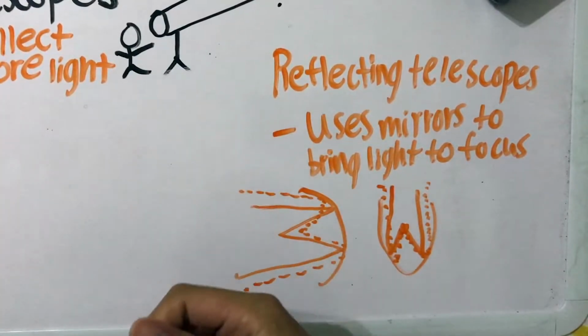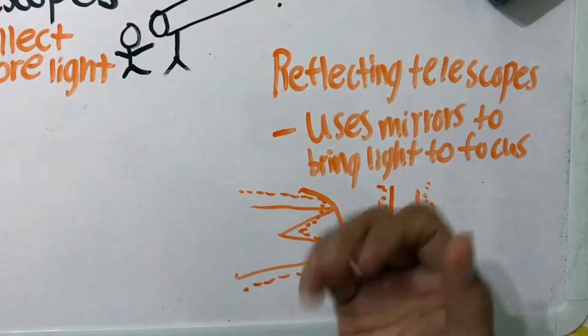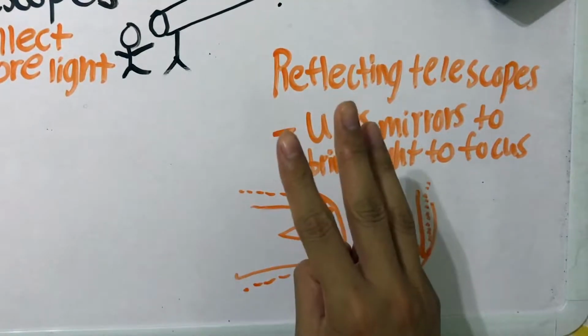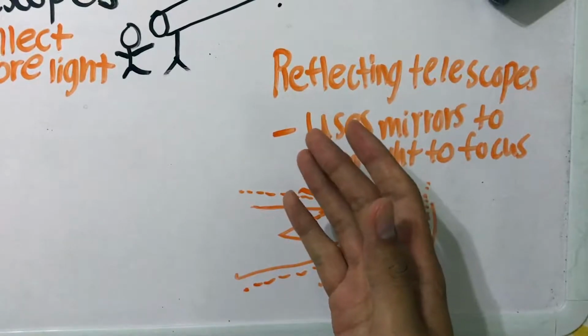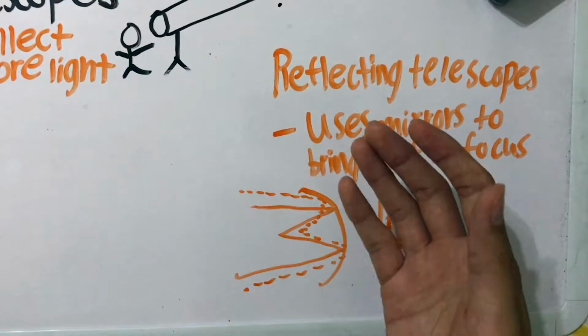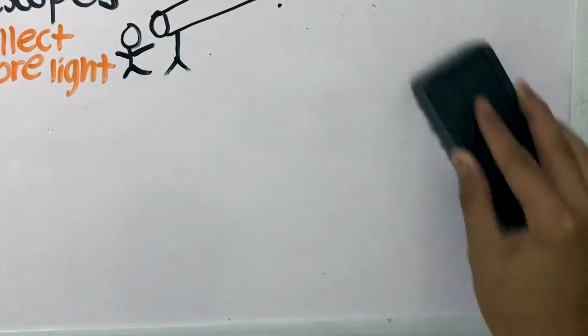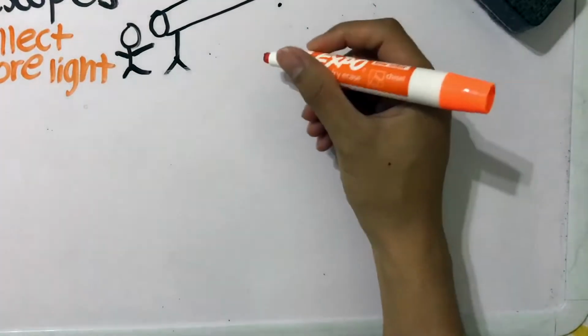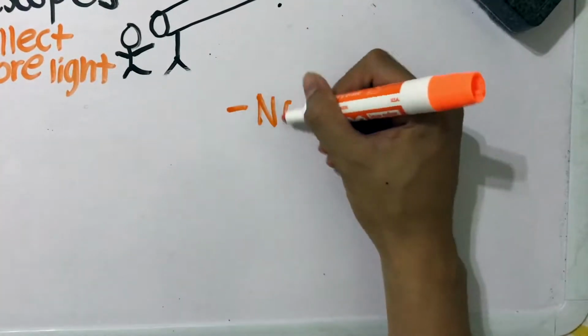The last topic we're going to cover before we end the video is telescopes in space. I'm going to give you 3 reasons why having telescopes in space is better than having them on Earth. So the first reason is that there's no distortion.